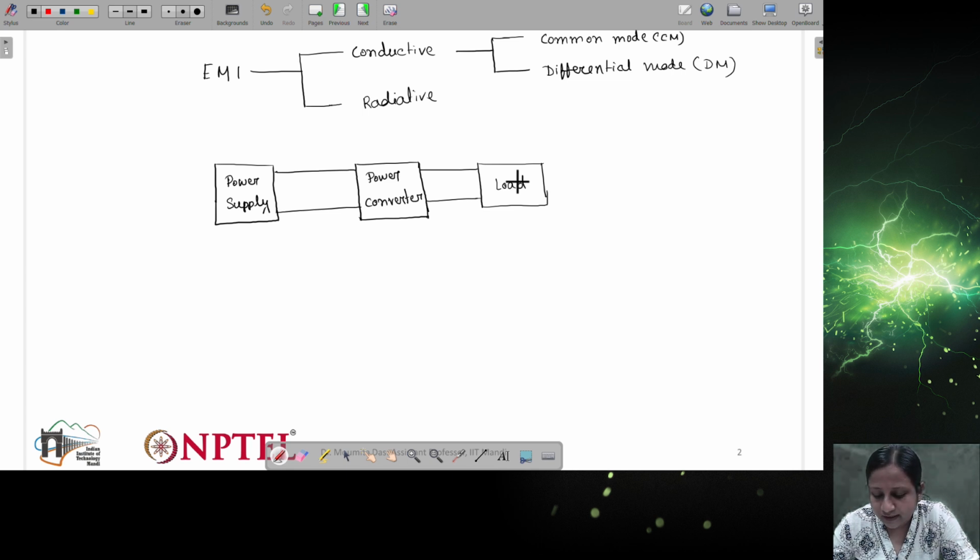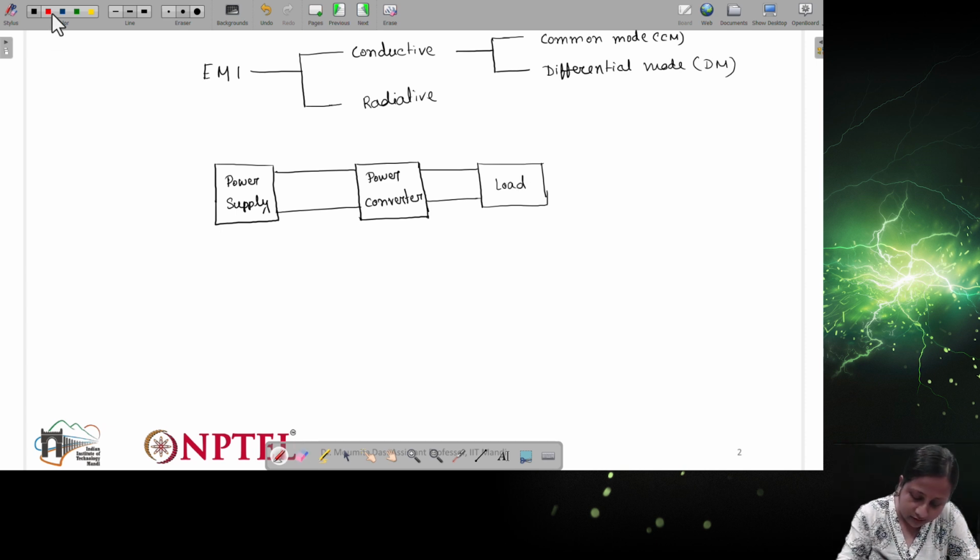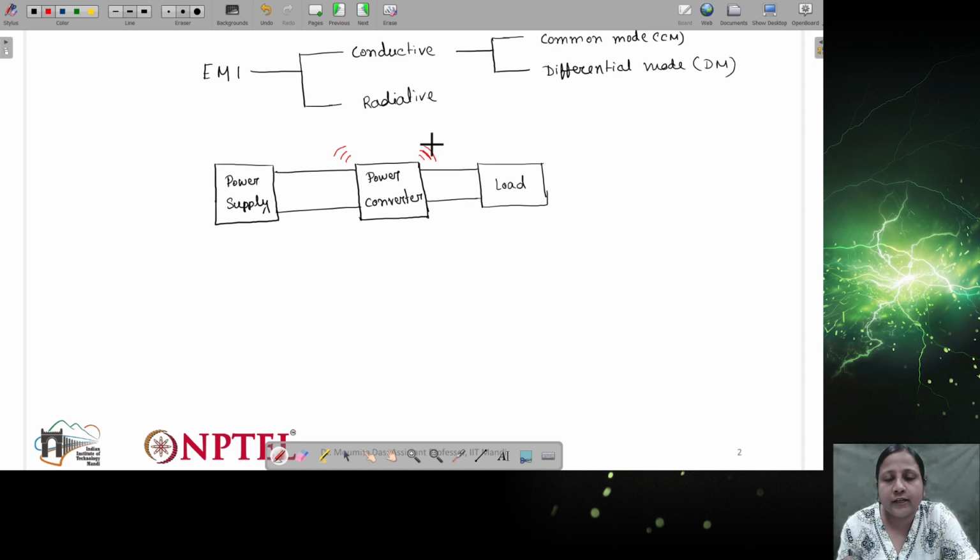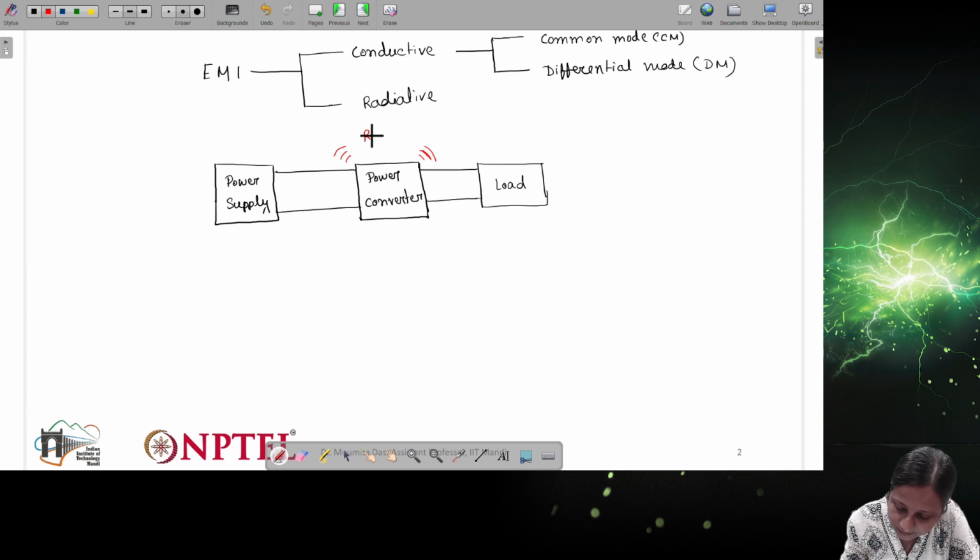Ideally this system should operate properly, but in normal operation there will be EMI present in this power converter due to radiation. This is the radiative noise.